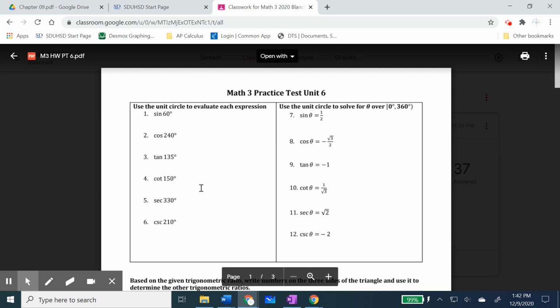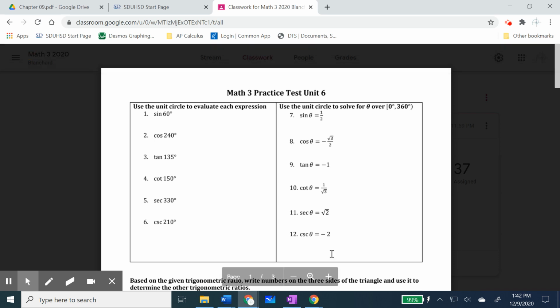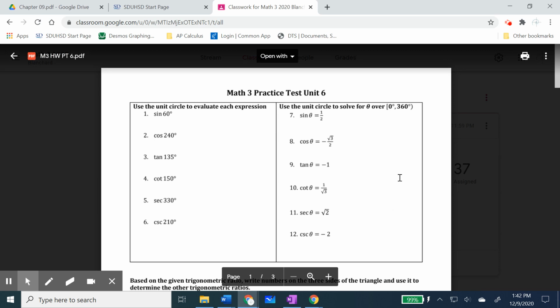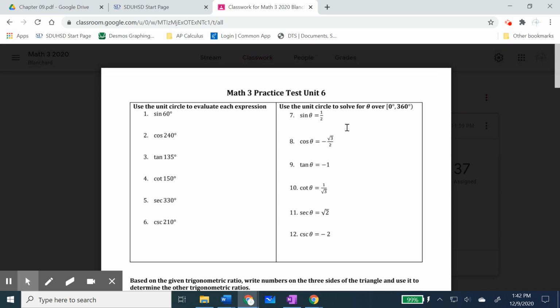What I covered today was trying to help you understand how to do problems like 1 through 6. But once that makes really strong, solid sense, this is going to be a lot easier. So this is really more about solving equations, trying to find what the input angle is based on the answer to that trig function.